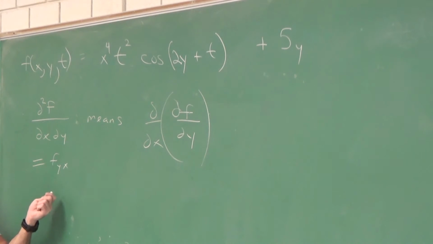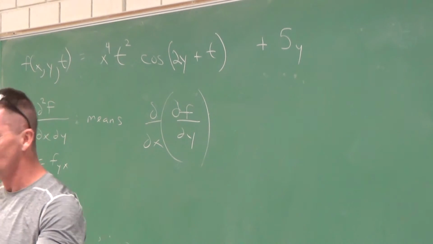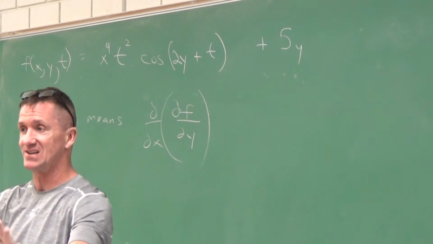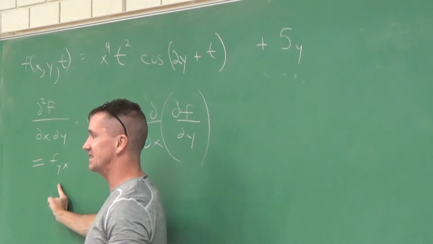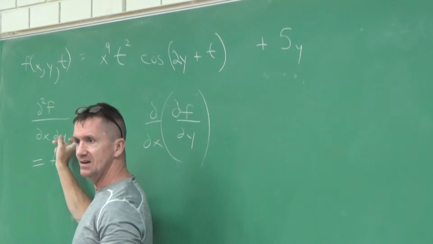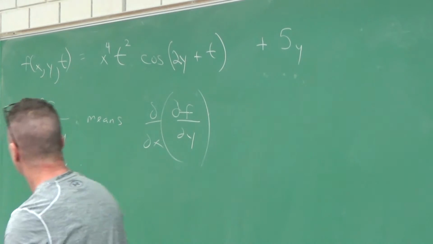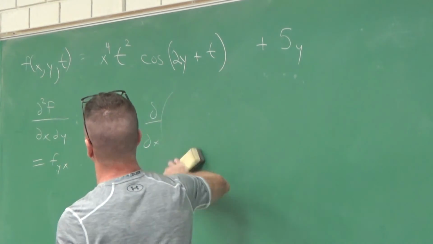What is fxy equal to? fyx, remember that? So what if I did it backwards? I'll still get it right, won't I? Cool, because of that rule. So have no stress there. But I do want to point out, this means this. So if this was like a third derivative and it wrote x, y, z, then I would have gone z, y, x. Okay? I know that notation looks funny.